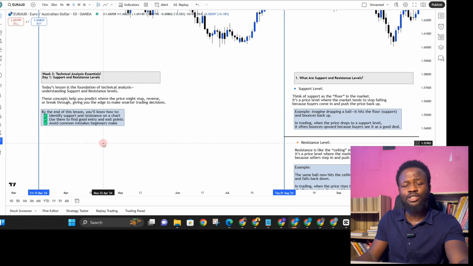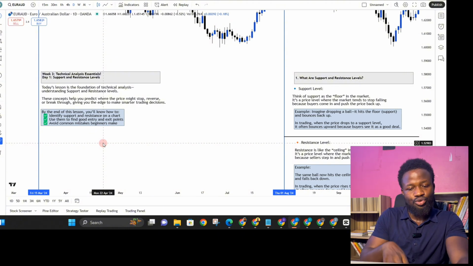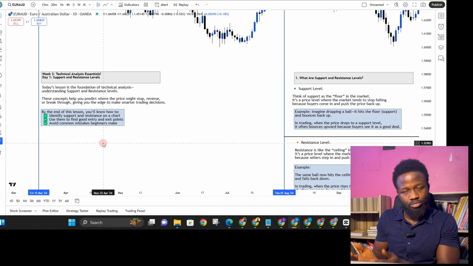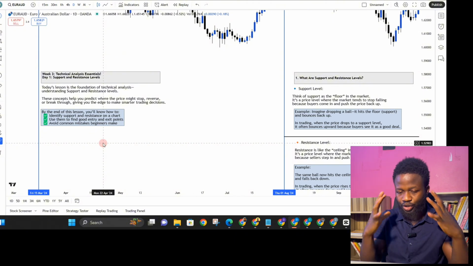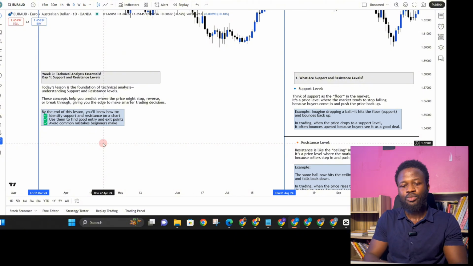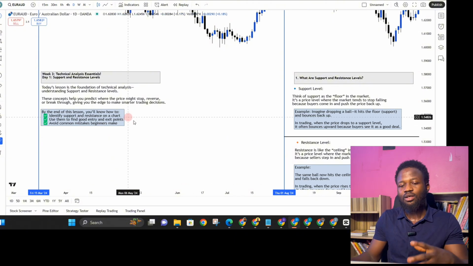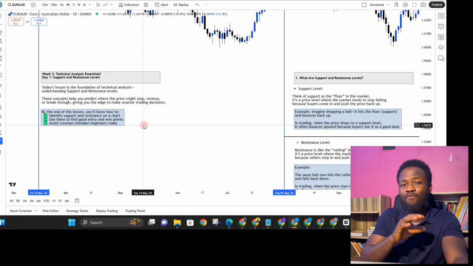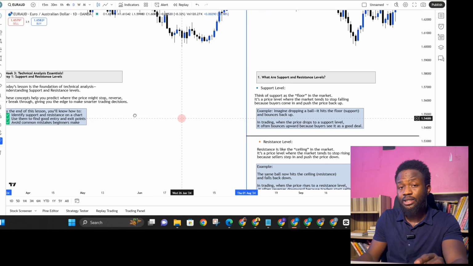So by the end of this lesson, you would know how to identify support and resistance on a chart, and use them to find good entry and exit. Exit could be losses, it could be profit. In forex trading, we picture these things differently, right? And then lastly, the understanding of this part of our lesson is going to help you avoid mistakes that beginners make.